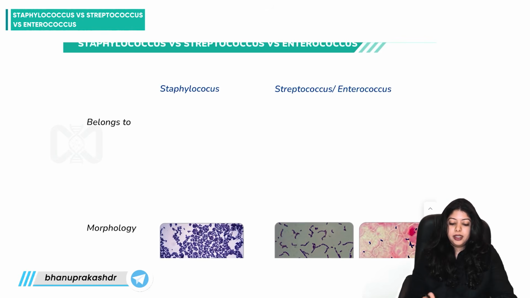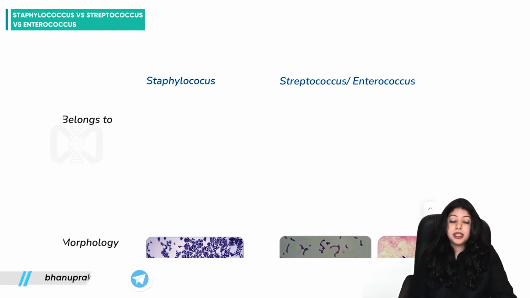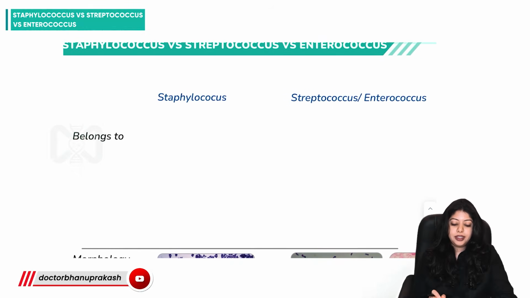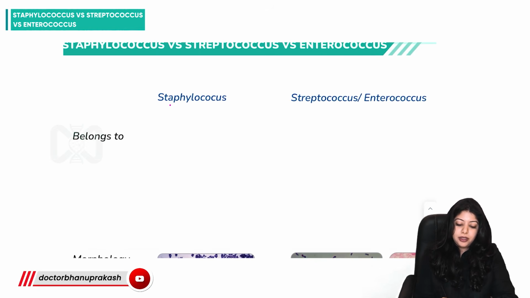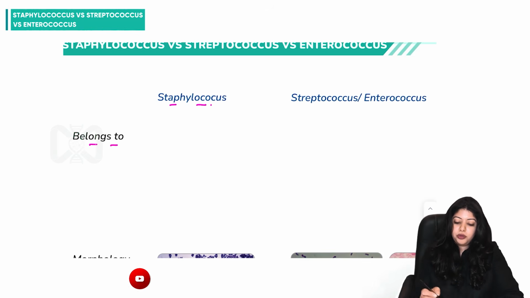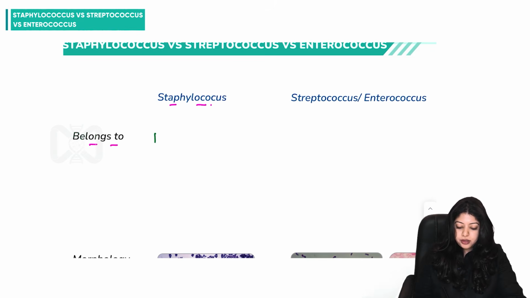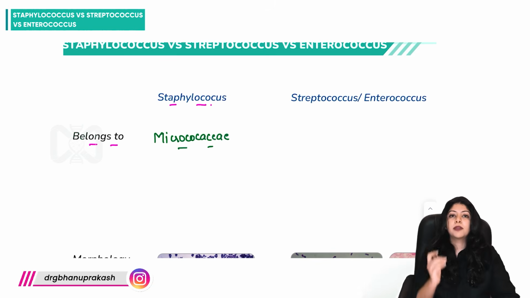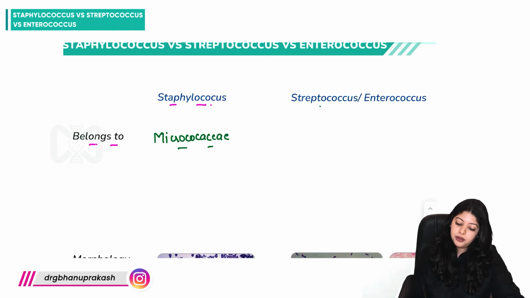So to begin with, let us first talk about the basic differences between these bacteria that we must be aware of. Firstly, when we are talking about Staphylococcus, we need to know the family to which it belongs. It belongs to the Micrococcaceae family, and similarly we have Streptococcus and Enterococcus.